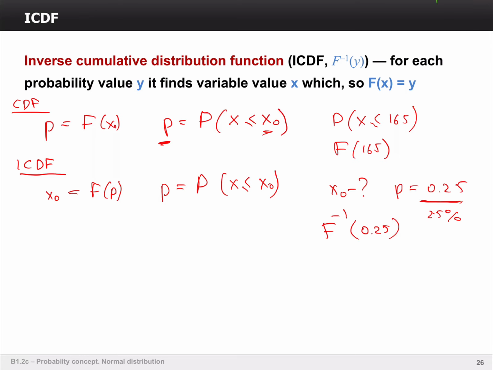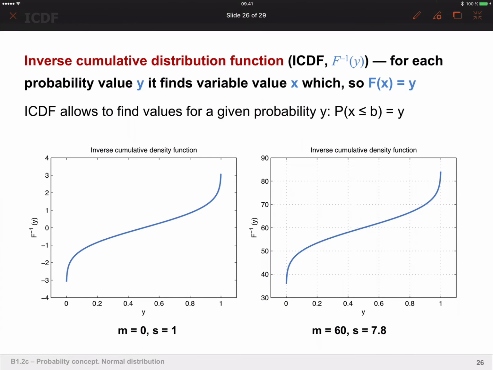If you know the probability and you want to find the value that corresponds to this probability, you use ICDF. But if you know the value and you want to find the probability that corresponds to this value, you use CDF. We will talk about some examples later. Now I'll just show you a couple of ICDF functions. In this case, you can see this is the probability, actually it should be p here, and this is some value. Let's take the second one.